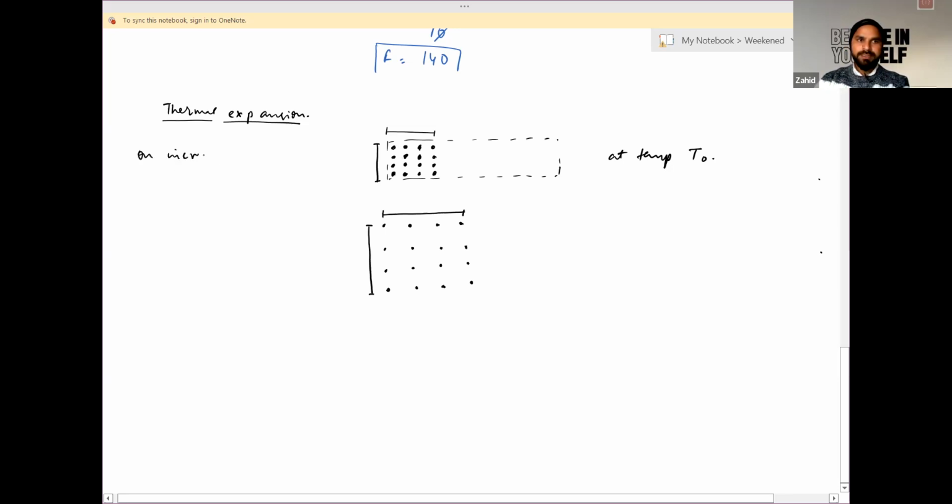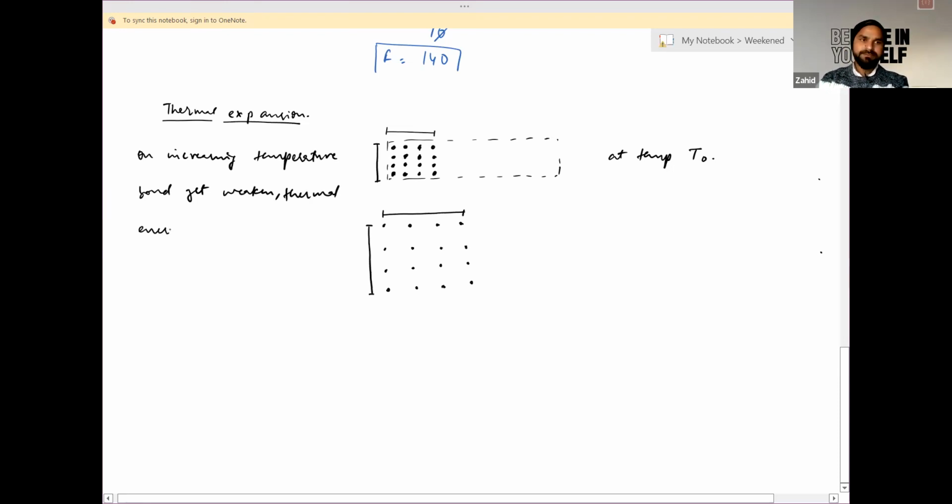So on increasing temperature, the bond gets weakened.